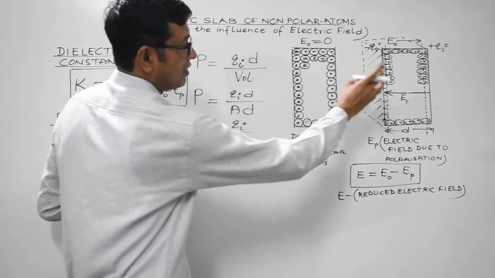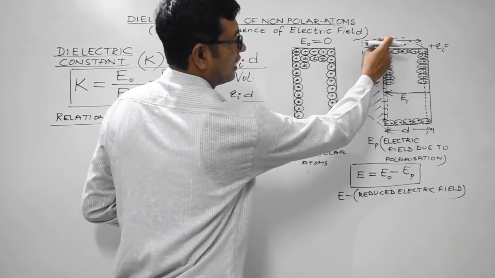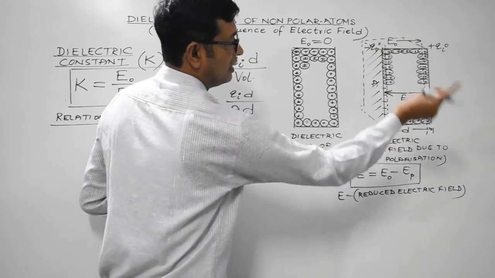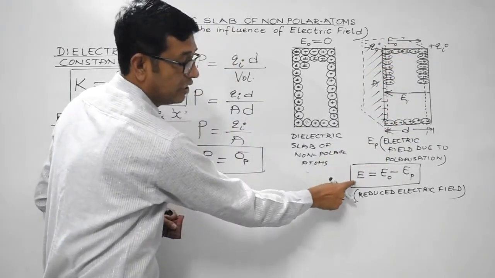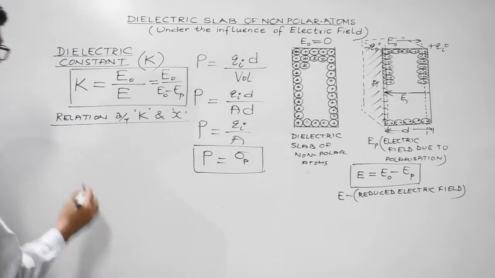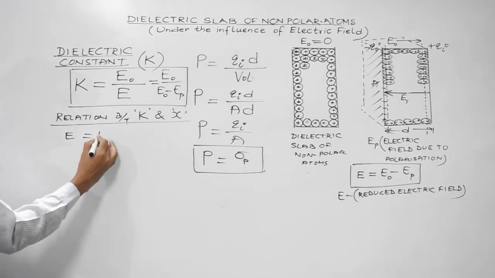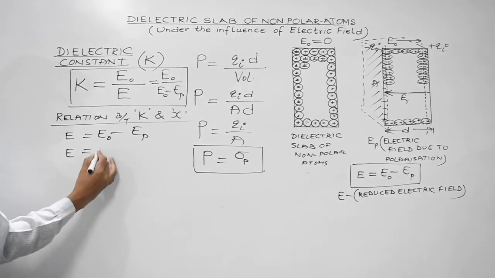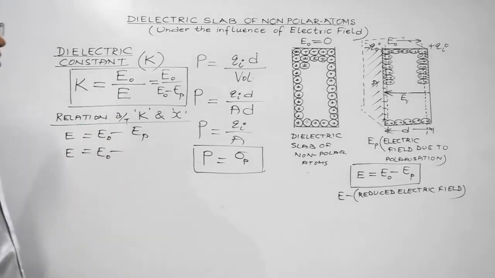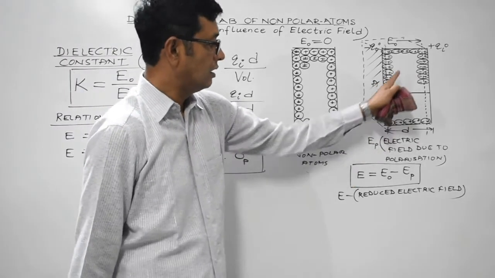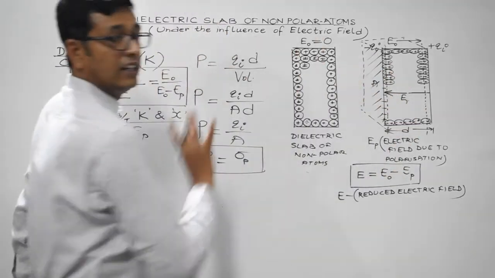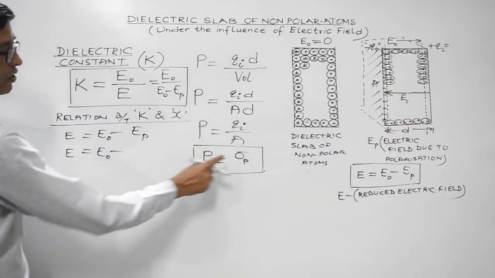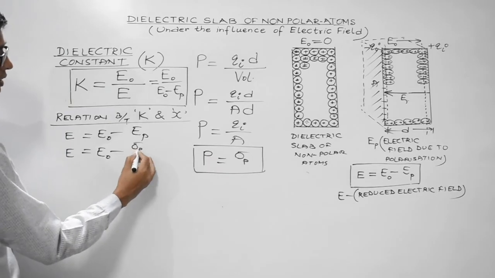When a dielectric slab is under the influence of an external electric field, the net electric field inside the slab gets reduced, and it is given by E is equal to E naught minus EP. Now EP is the electric field due to polarization.